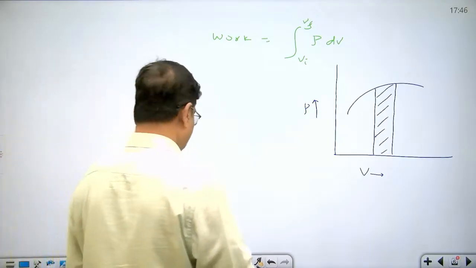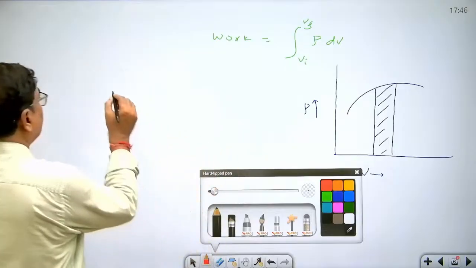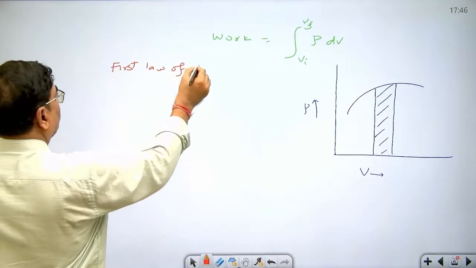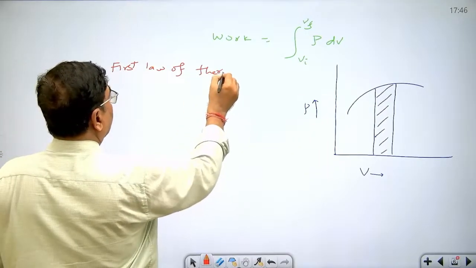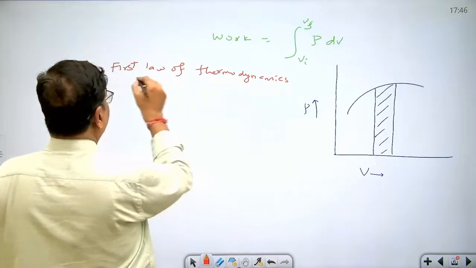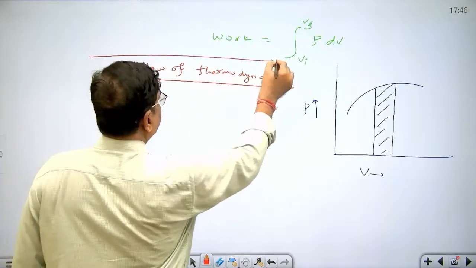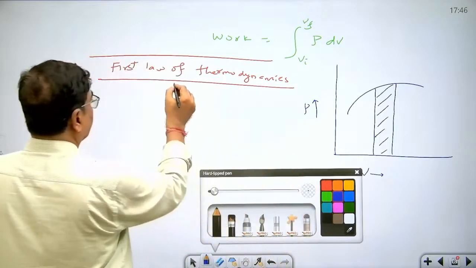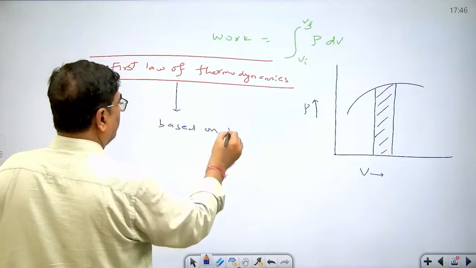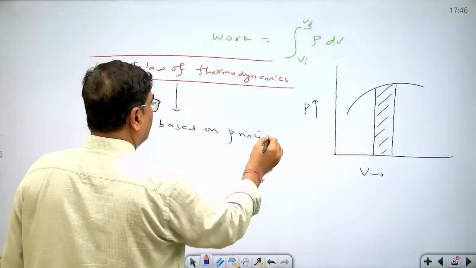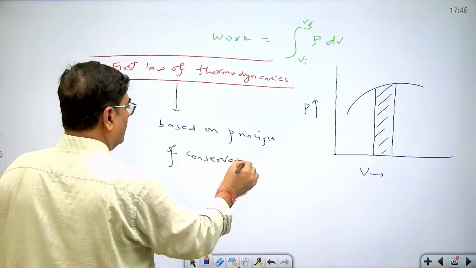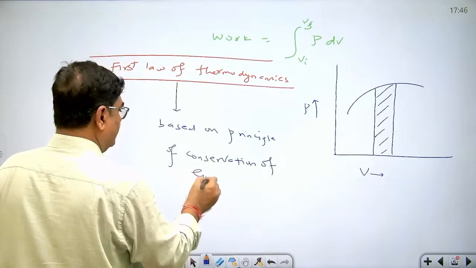Now, if we talk about the first law of thermodynamics, it is based on the principle of conservation of energy.